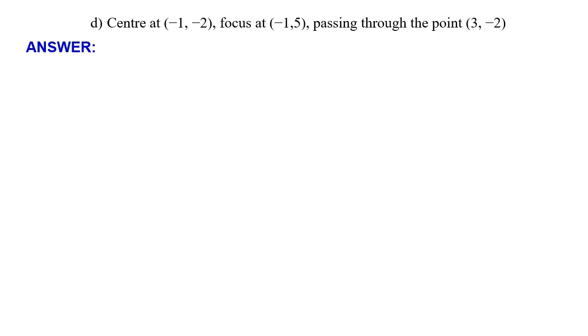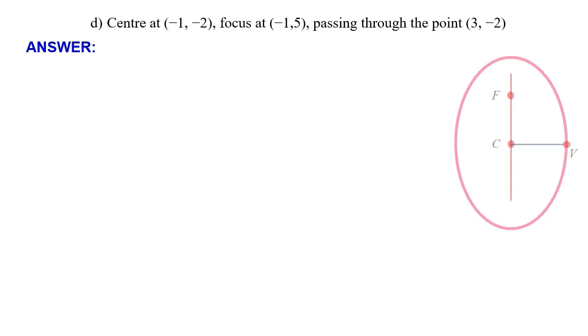Given center at (-1, -2), focus at (-1, 5), and passes through point (3, -2). Here we notice that from the center and focus, the value of x is the same and the change is at y. So it means the shape of our ellipse would be a vertical major axis.